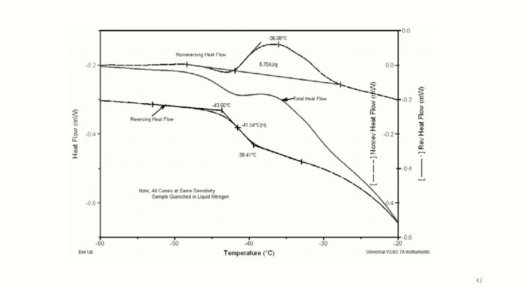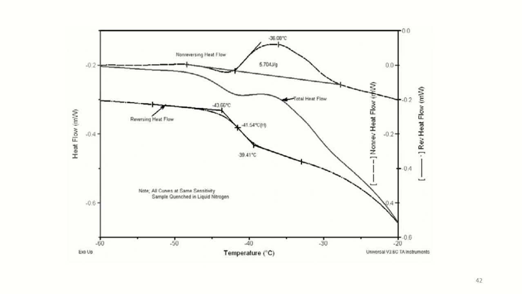This happens in this case where we can see that heat flow is observed in the reversing signal from minus 60 degrees Celsius to minus 20 degrees Celsius. While scanning this sample from minus 60 to minus 20, there is an observation of some enthalpy change at about minus 43.66 degrees Celsius.